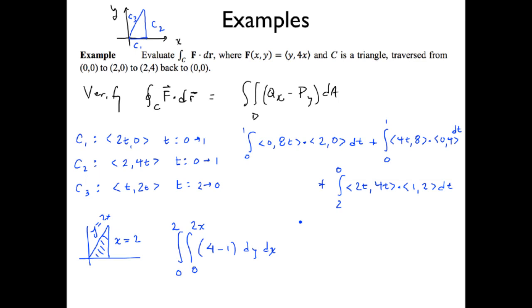For example, for C1, you could have gone t comma 0, t from 0 to 2. That's the same thing. You could have parameterized this to go from 0 to 1, so that t equals 0 gives you that point and t equals 1 gives you that point. So there's more than one way to do it, but make sure that what you're doing is correct.